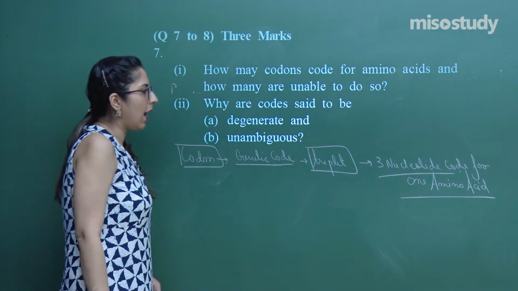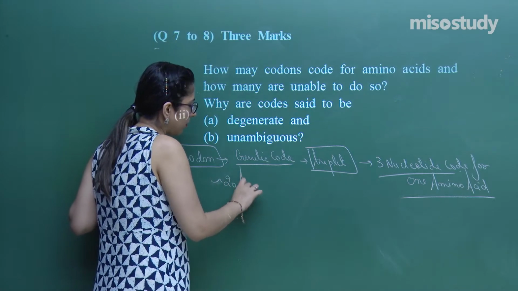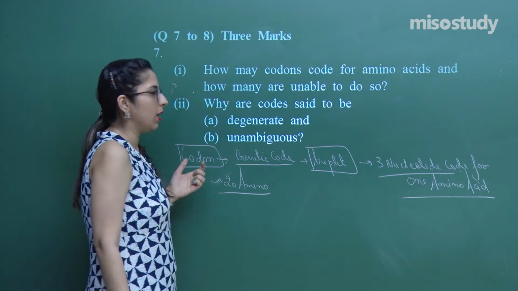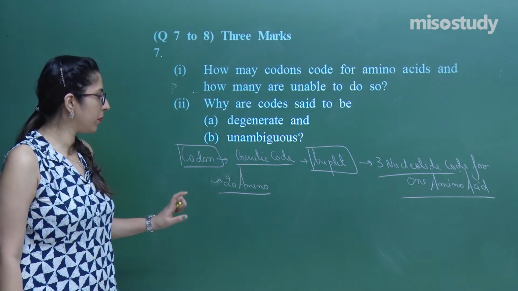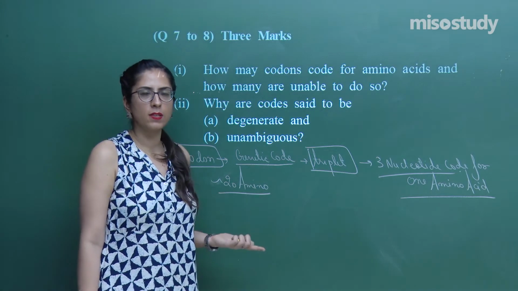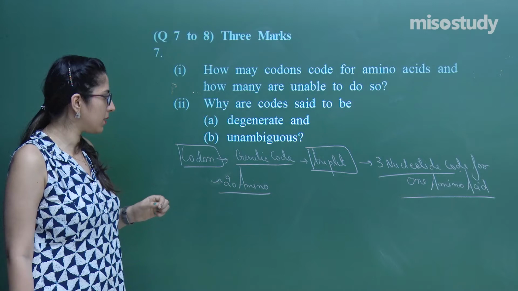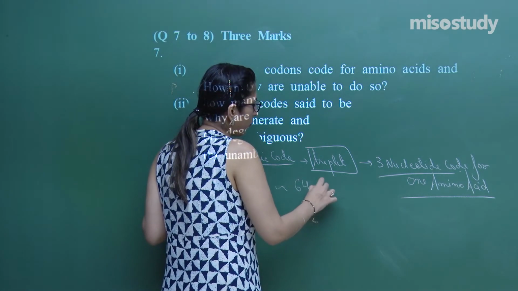Right? And today we know there are around 20 amino acids present. Though research is going on towards discovering more and more amino acids as well, we will be focusing on only the 20 amino acids which have already been discovered. Now the 20 amino acids are coded by a total of 64 codons.